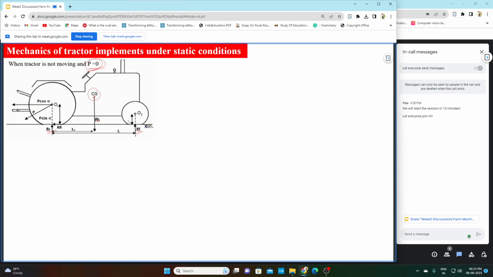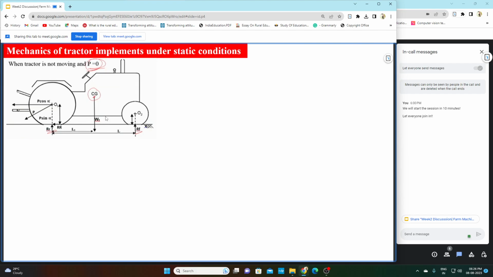Studying this, you can see this is the CG of the tractor, marked in a circle, and WT is the total weight of the tractor. In physics, whenever we give force to any substance, we receive a reaction.